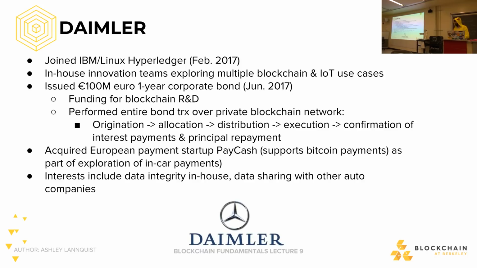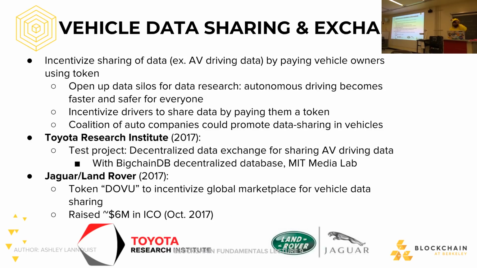Because we know that the more information you have, the better research you can do, so you can create some sort of data marketplace perhaps. So we see that data sharing and exchange are very interesting if you can use a blockchain to make this marketplace, or to make it easier to share information.